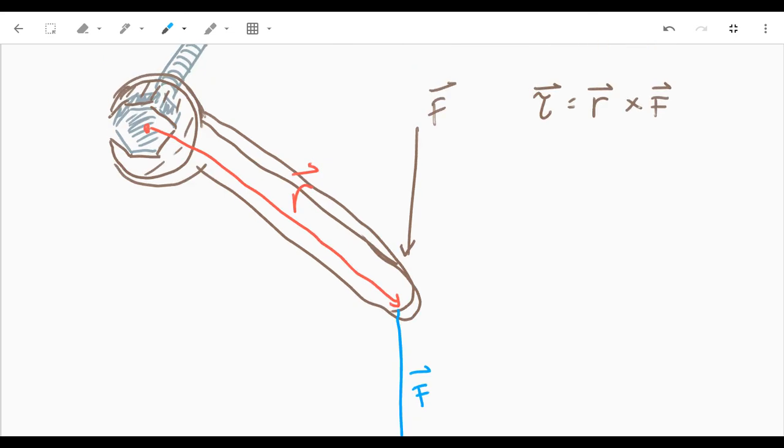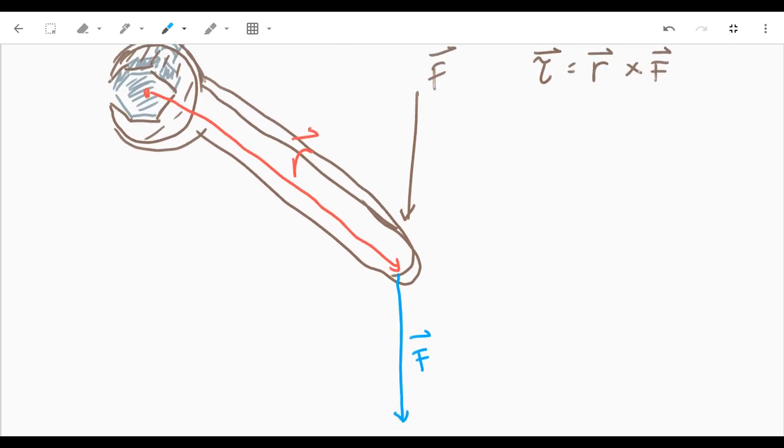So your torque vector is the cross product of R and F. Use your right hand rule: your right fingers down R, curl them towards F. Think about F as being right here, because that right hand rule works when the initial points are the same.